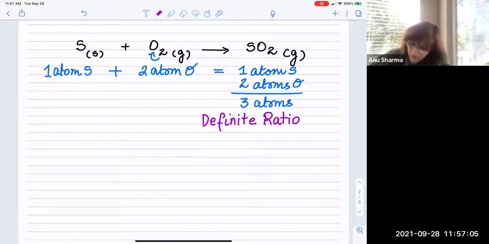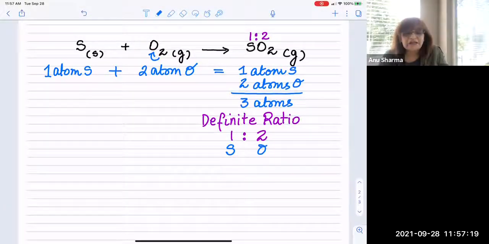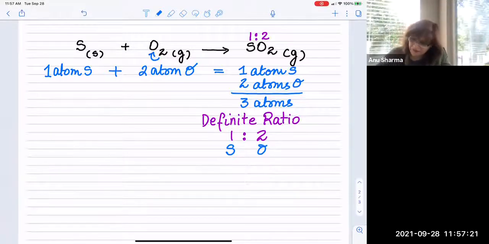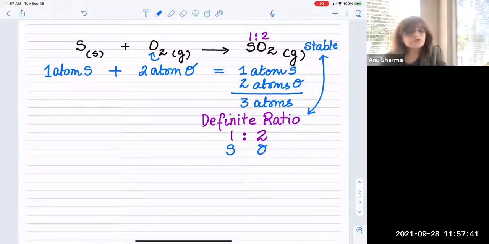It's only a 1:2 ratio: 1 atom of sulfur and 2 atoms of oxygen produce sulfur dioxide. This is a stable molecule, and it is stable only when this definite ratio is attained. If it's not 1:2, it's something else, not the same species.